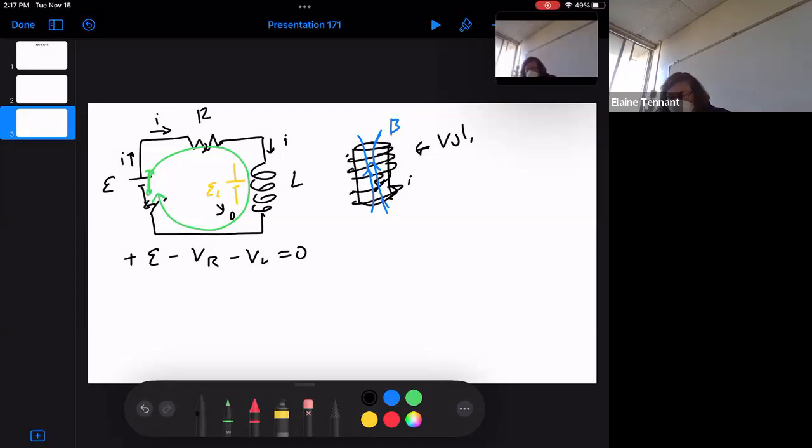Now, what I know, because I have my notes in front of me, is that I could use power to talk about this. And the way I'm going here is I know that power equals current times voltage. And I also know that power is the time derivative of energy.